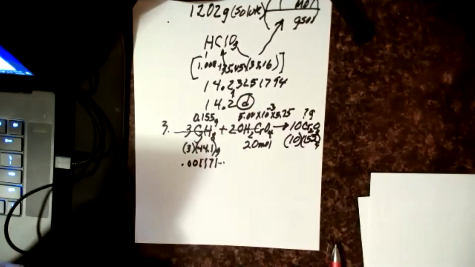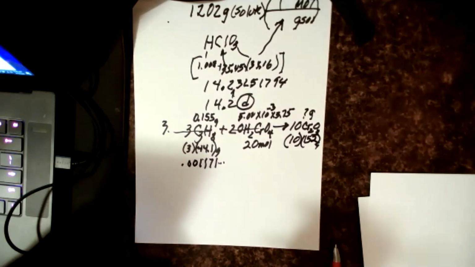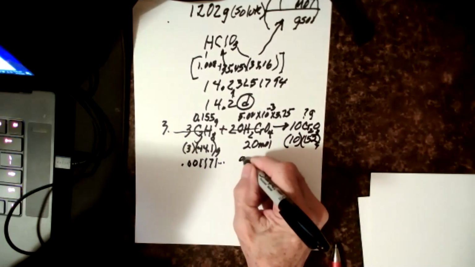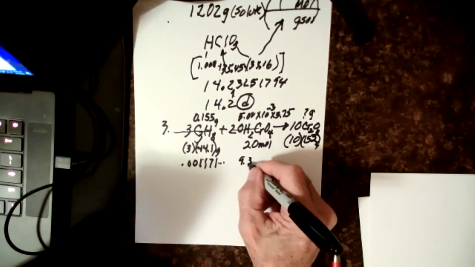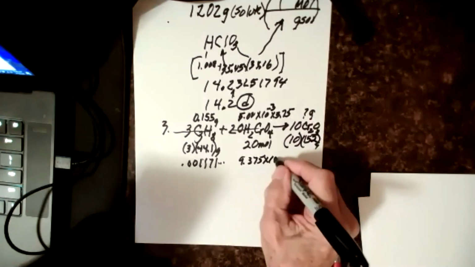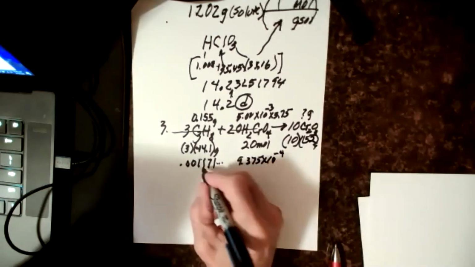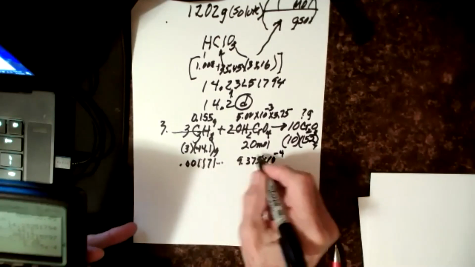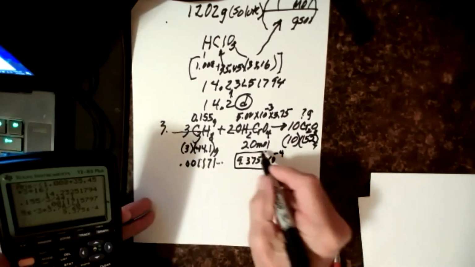Now I'm going to take 5 with an exponent of -3, multiply that by 3.75, and divide it by 20. And I get, in this case, 9.375 times 10 to the minus 4. This is 10 to the minus 3, this is 10 to the minus 4. This is going to be my limiting reagent.